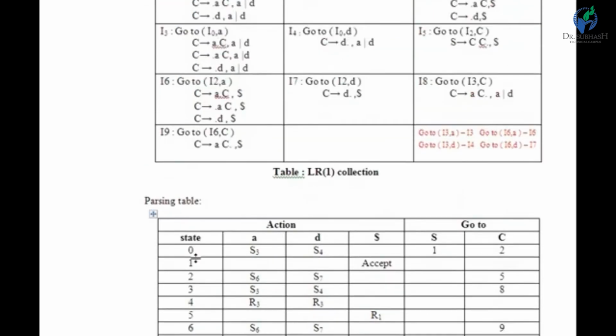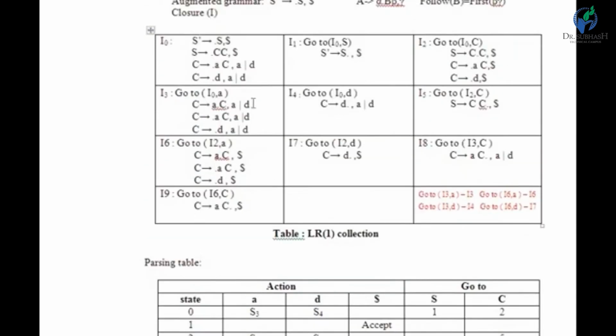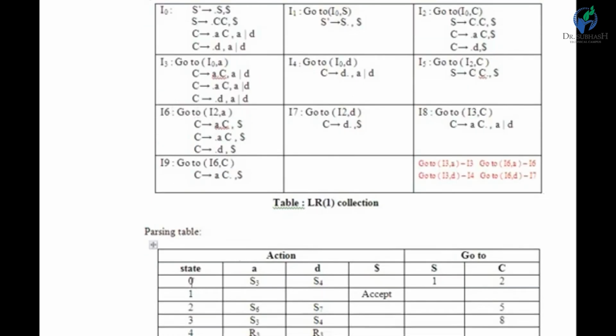Then for the parsing table entries, just check the LR(1) collection. So I0 on A: in I0 on A you find I3, so write a shift entry. So 0 on A is S3. 0 on D is I4, so write a shift entry, which is S4.